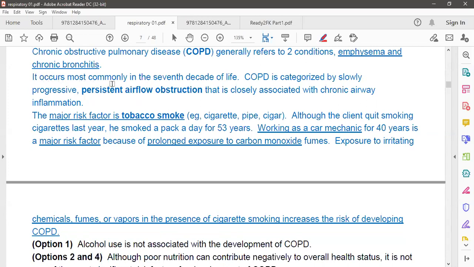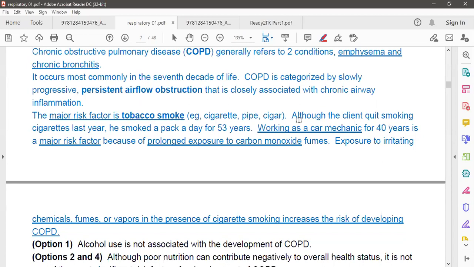It occurs most commonly in the seventh decade of life. COPD is characterized by slowly progressive, persistent airflow obstruction that is closely associated with chronic airway inflammation, right? The risk factor is tobacco smoke, like cigarette, pipe, cigar.